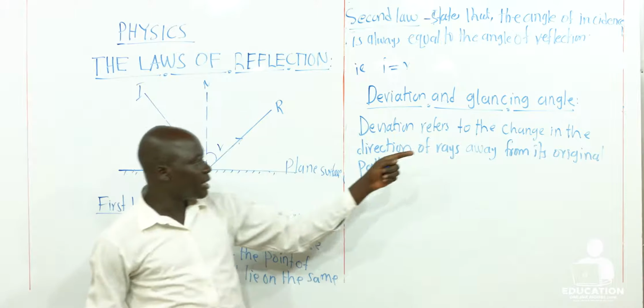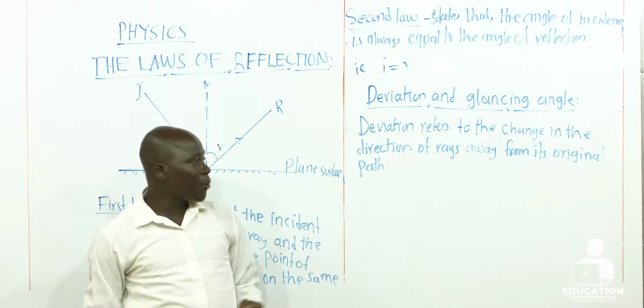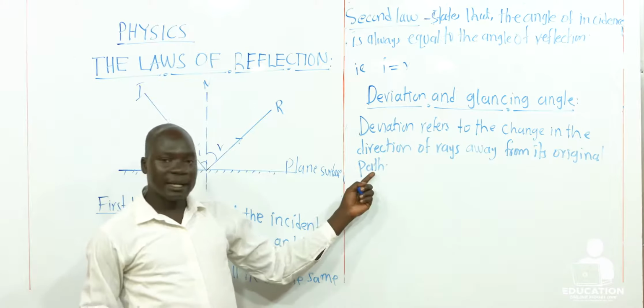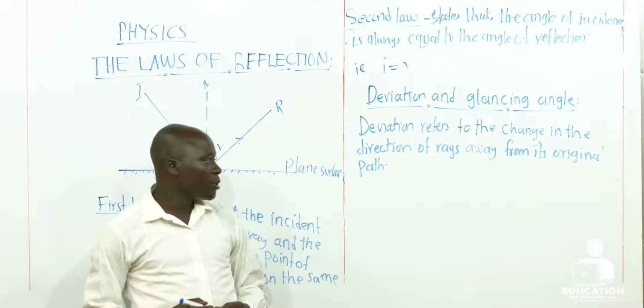Deviation refers to the change in the direction of rays away from its original path, meaning away from the direction towards which it was moving.